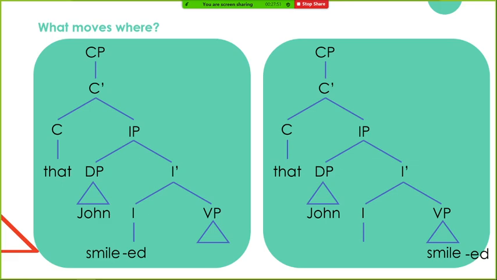So which one of these is right, and how could we possibly tell, given that they both seem to produce exactly the same order of elements? Well, there is a way of telling, and it's precisely to do with the order of elements, because after all, in principle, we should be able to tell whether the verb is sitting in one position or another when those two positions are actually different positions.